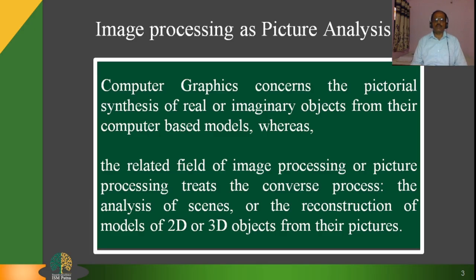Computer graphics concerns the pictorial synthesis of real or imaginary objects from their computer-based models, whereas the related field of image processing or picture processing treats the converse process: the analysis of scenes, or the reconstruction of models of two-dimensional or three-dimensional objects from their pictures.